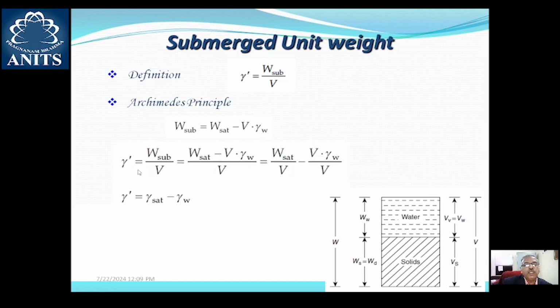So gamma dash will be equal to W, the weight of submerged soil, divided by total volume. If you separate the terms, it will be W sat by V minus V into gamma W by V. So here V and V will get cancelled, and W sat by V is nothing but gamma sat, the saturated unit weight, and gamma W is just gamma W. Therefore, the submerged unit weight of soil, gamma dash, is nothing but the difference between the saturated unit weight and the unit weight of water.